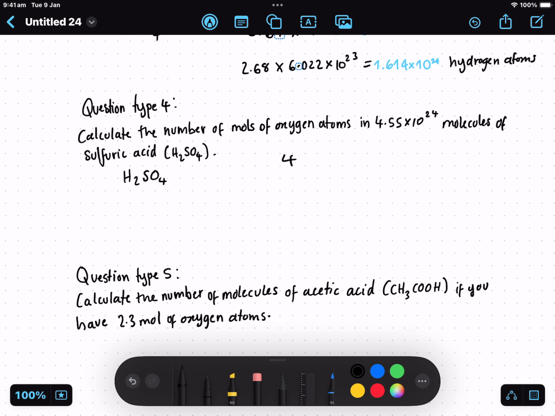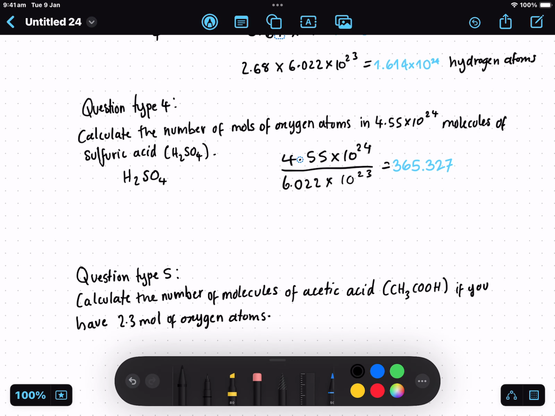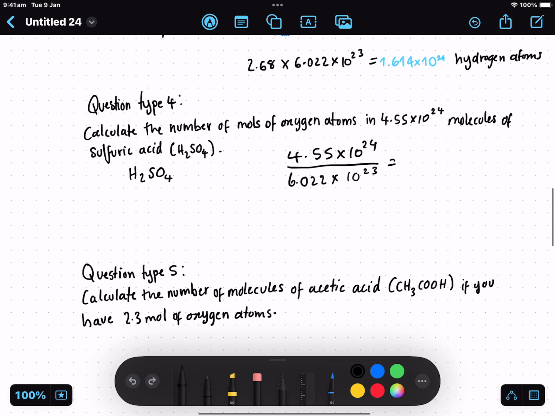So first we have to divide this by Avogadro's number, which is 6.022 times 10 to the power 23. So we should get, okay, that's wrong, the answer is 7.56 if you put this in your calculator. 7.56 moles of sulfuric acid.